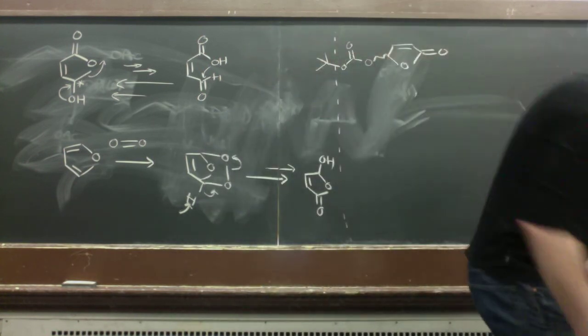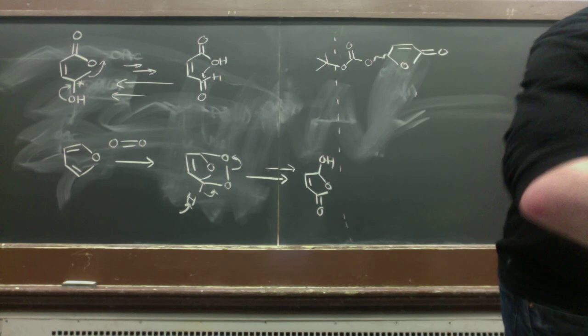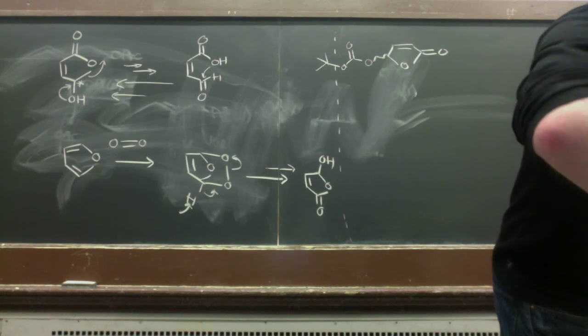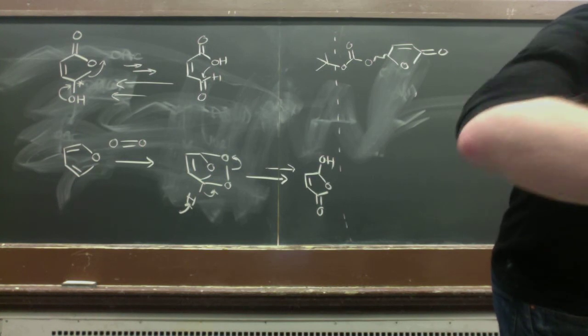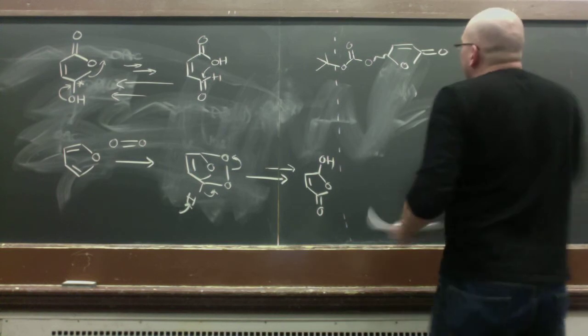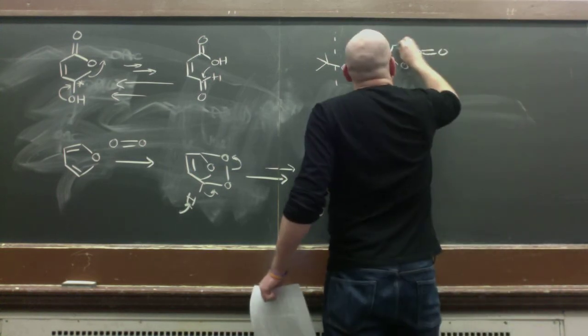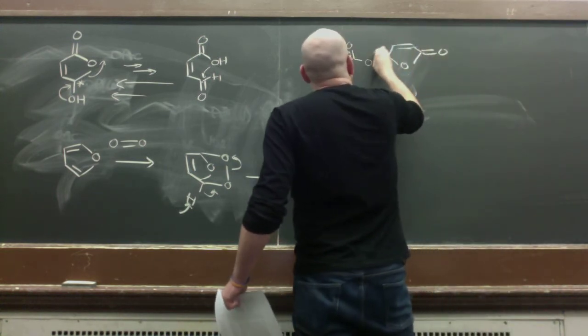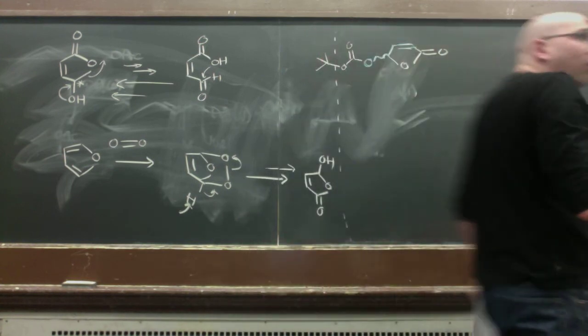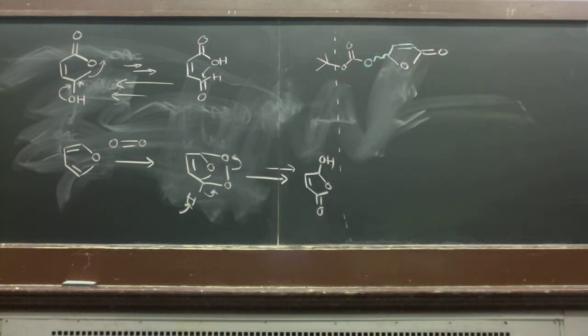If you look at this group here, what we have is a molecule which is formally allylic in nature, a little bit different because it's got the carbonyl flanking it, but built within there is that allyl ester group.